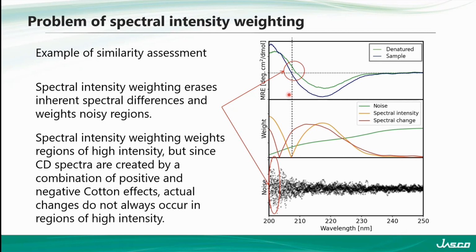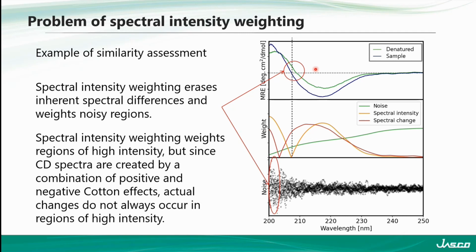The third type of weighting that we can offer is what's known as spectral change. And in this case, what you're doing is you're comparing a native state sample. You would have a second type of spectrum where you know that the sample is denatured. And effectively what's done here is it weighs more heavily the regions where you know that your spectrum is going to change.